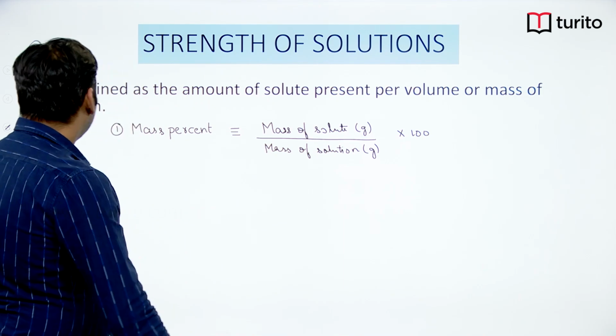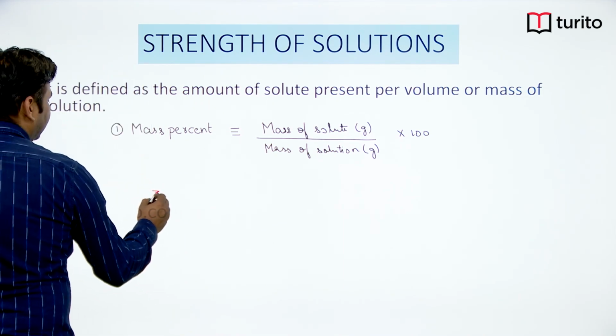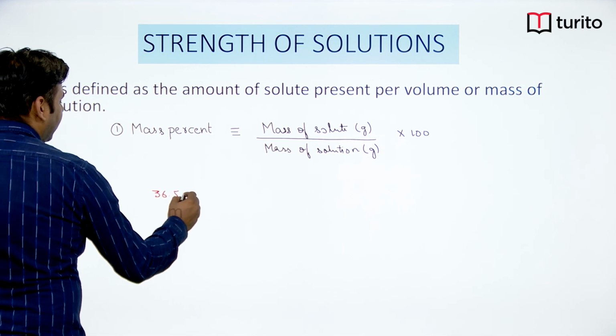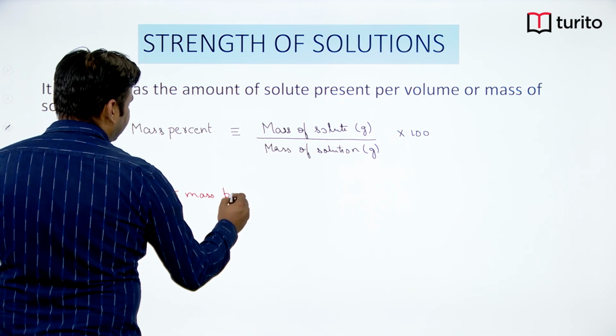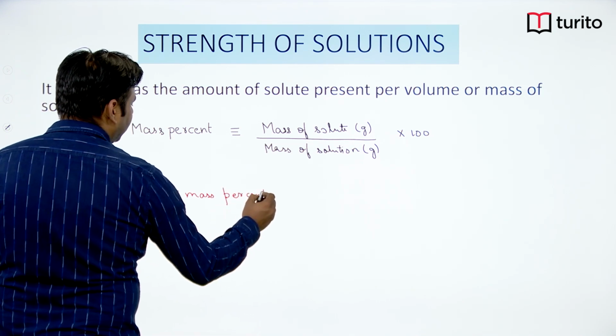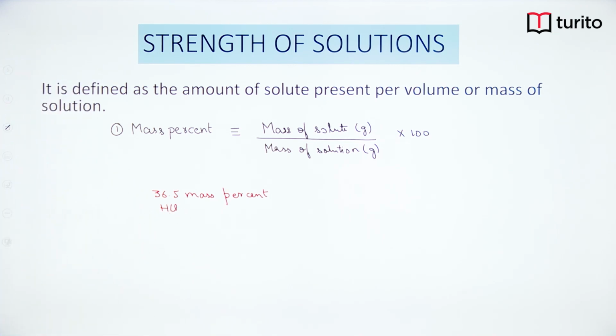Suppose we have been given that a solution is labeled as 36.5 by mass percent. Suppose a question is given to us that 36.5 by mass percent of HCl is given.